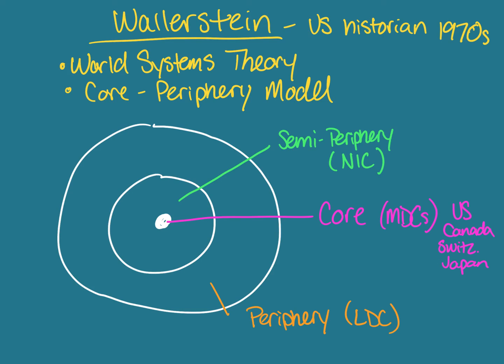If we bought 1 million t-shirts from China at $3 per t-shirt, how much did we pay China? $3 million. But if we sell them in the U.S. for $10, how much are we making in profit? We're making a $7 million profit, aren't we? Do you think the core countries are sharing that $7 million profit with the semi-periphery countries? No, not at all. They're pocketing that. We're using them to make the stuff, and then we're selling it for a higher profit.